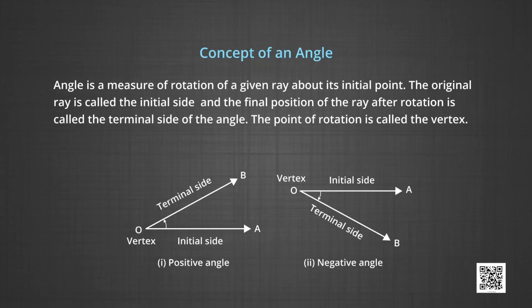Let us understand the concept of an angle. Angle is the measure of rotation of a given ray about its initial point. The original ray is called the initial side and the final position of the ray after rotation is called the terminal side of the angle. The point of rotation is called the vertex.